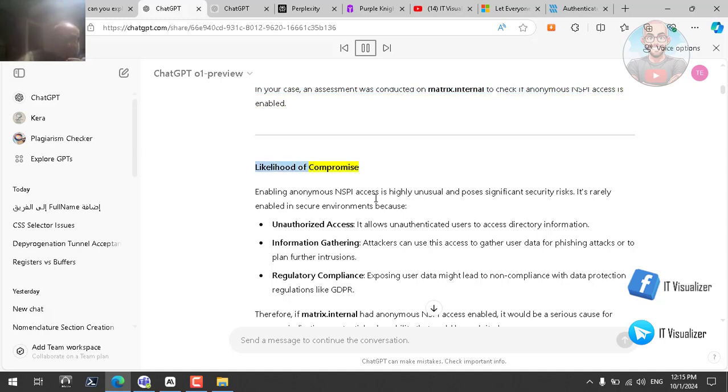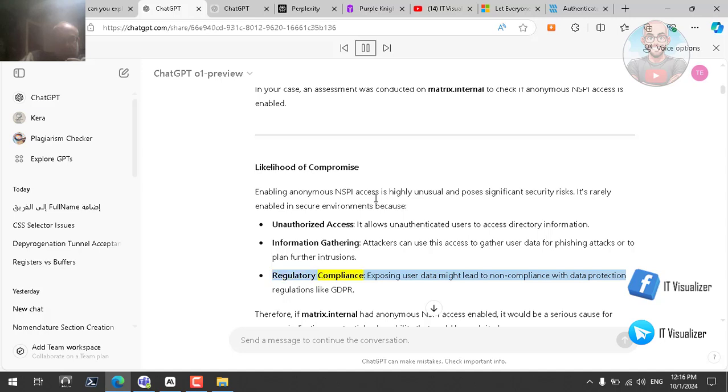Likelihood of compromise. Enabling anonymous NSPI access is highly unusual and poses significant security risks. It's rarely enabled in secure environments because of: Unauthorized access. It allows unauthenticated users to access directory information. Information gathering. Attackers can use this access to gather user data for phishing attacks or to plan further intrusions.